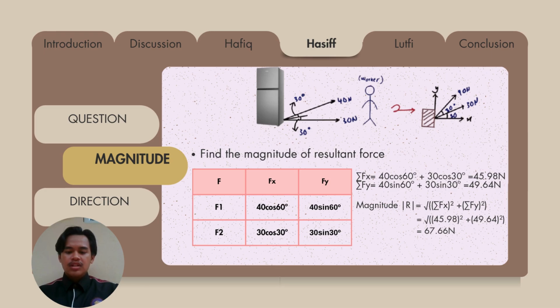30 degrees. So we can calculate the summation of Fx and Fy. The summation of Fx is 40 cos 60 degrees plus 30 cos 30 degrees, and for the summation of Fy, 40 sin 60 degrees plus 30 sin 30 degrees.